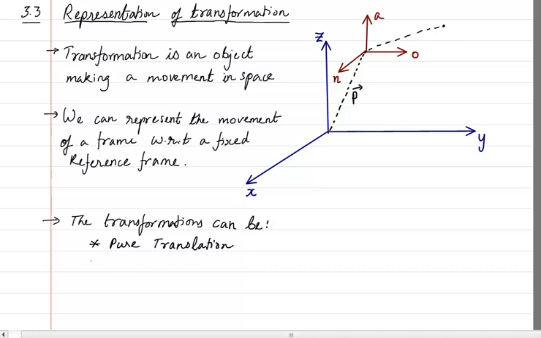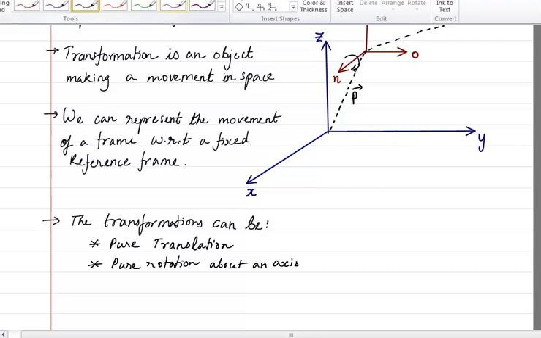The second is pure rotation, with respect to or about an axis. That means you can have the motion in such a way that the n axis is rotating either clockwise or anti-clockwise, or you can have a rotation with respect to O. Let me draw it with a different color.